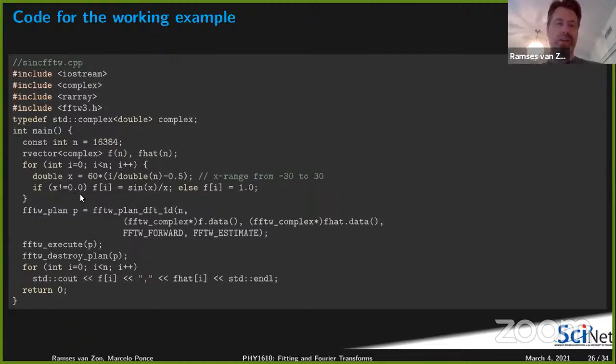I make sure that if x is 0, I take the appropriate limit value instead of infinity or 0 divided by 0. That gives me my signal f. I create a plan to fast Fourier transform f to f hat. I execute the plan, destroy the plan, and write out the results: the f data and the f hat data. And then let's plot them.